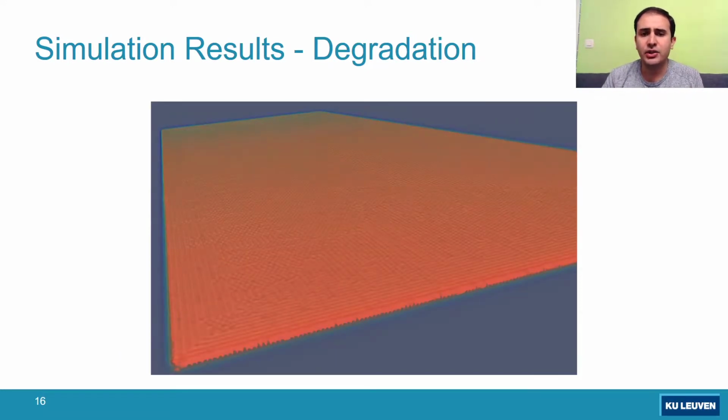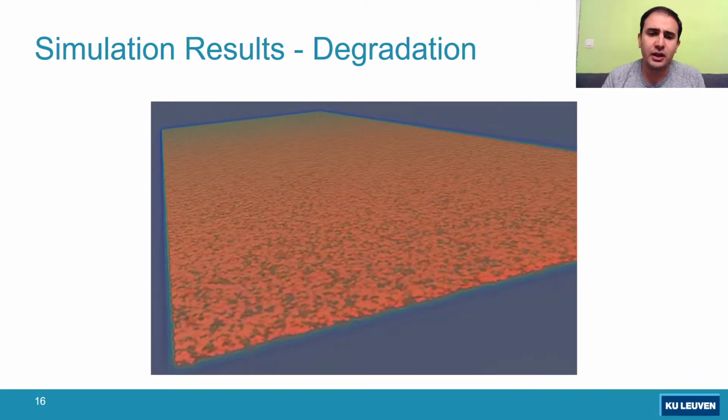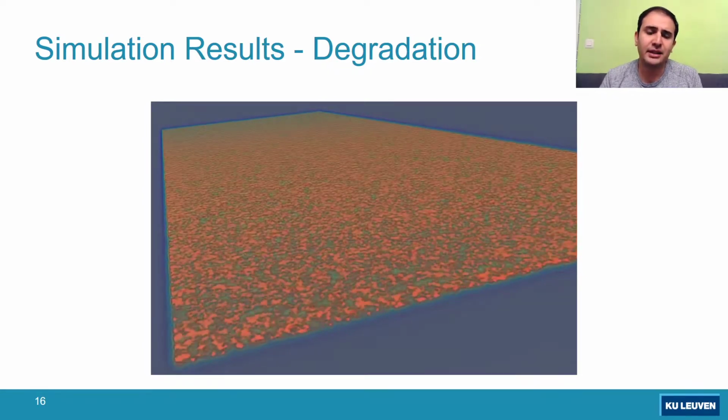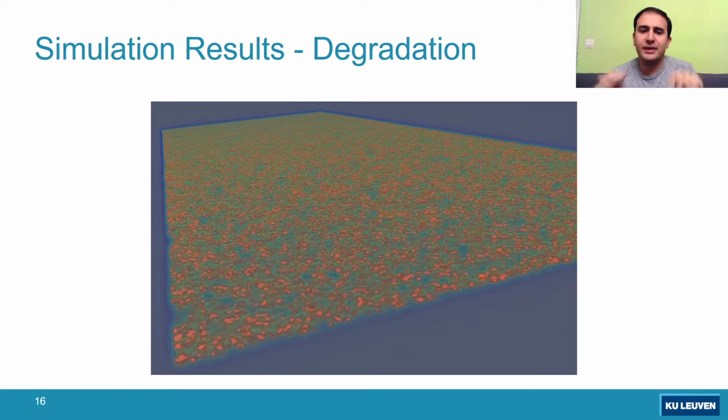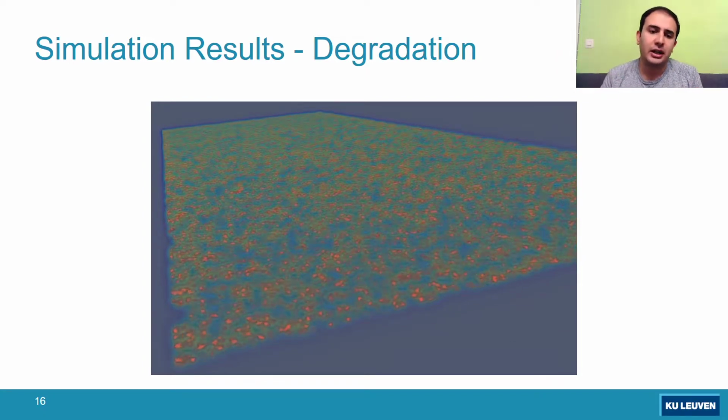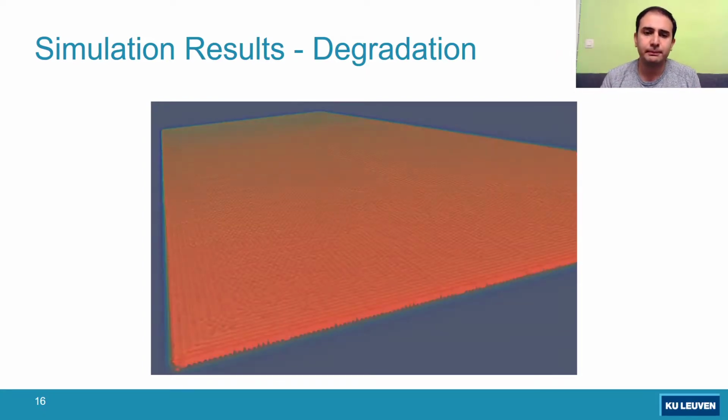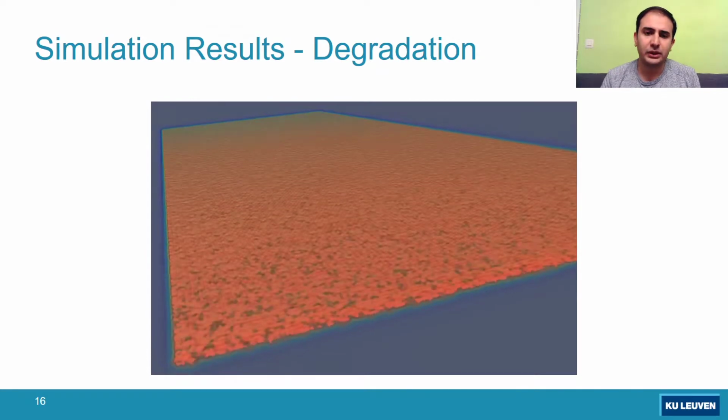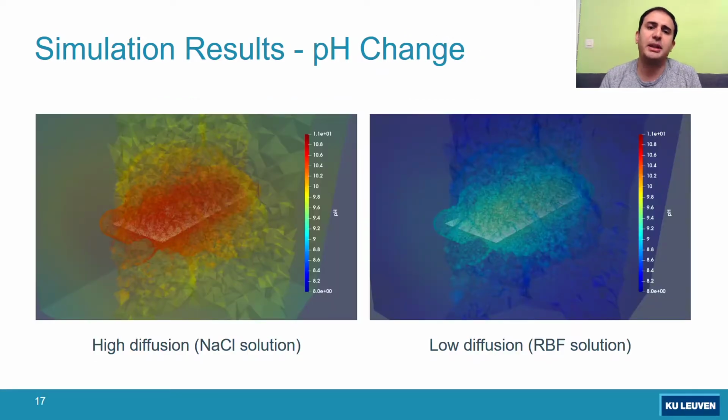Here is an animation of the process, which shows how this narrow cuboid degrades over time. And here are the pH changes, in the high diffusion regime, which means saline solution, and also the low diffusion for simulated body fluid.